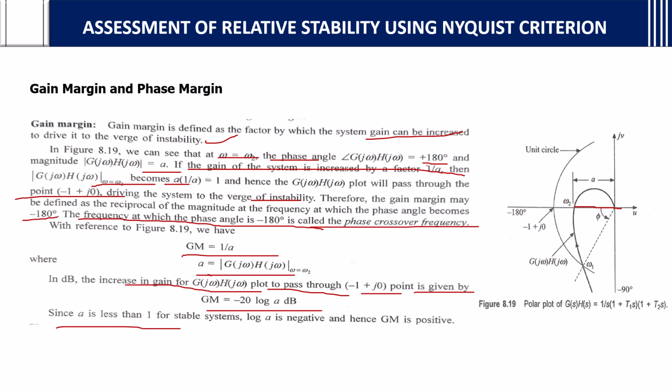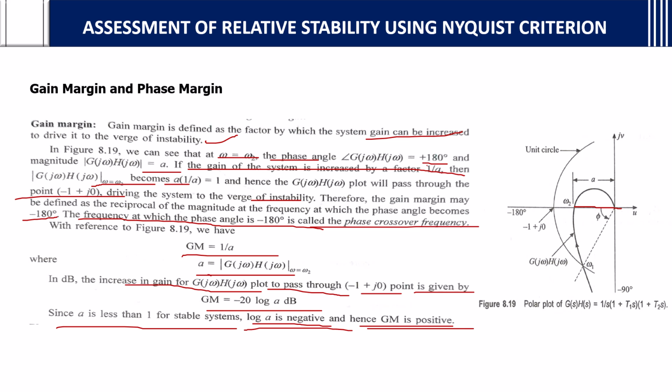Since A is less than 1 for stable systems, log A is negative and hence Gm is positive.